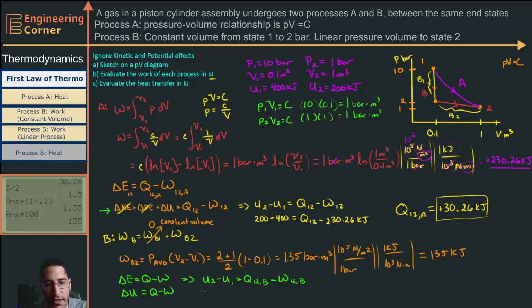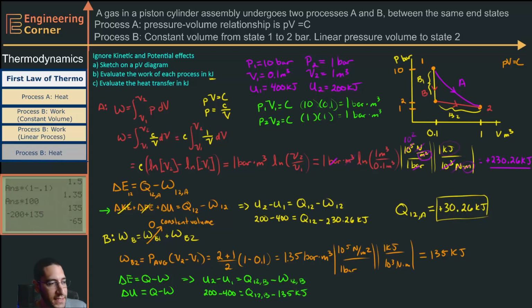So this doesn't change. It's still 200 minus 400 for our change in internal energy. This is equal to Q1 to 2 B minus this 135 kilojoules. So now we can just put that in our calculator. So we'll have minus 200 plus 135.